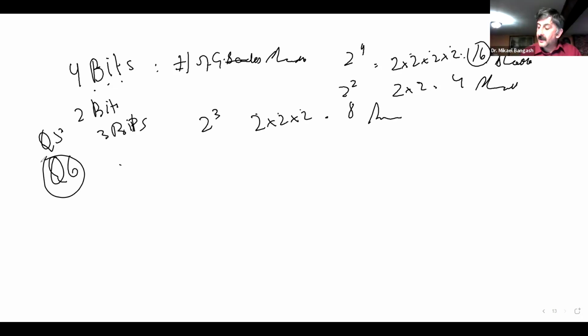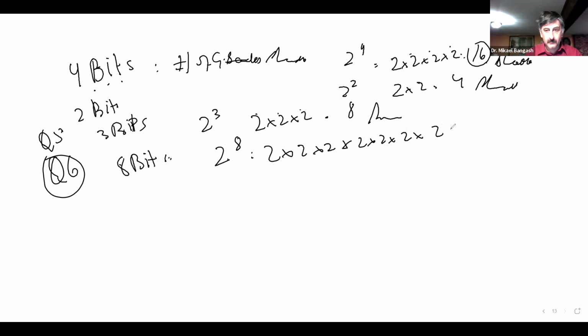Now, what is the number of shades that can be represented by 8 bits? So 8 bits, what would that be? 2 raised to the power 8, which means 2, 3, 4, 5, 6, 7, 8.